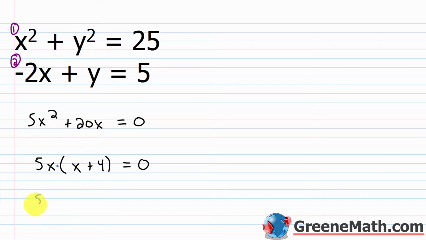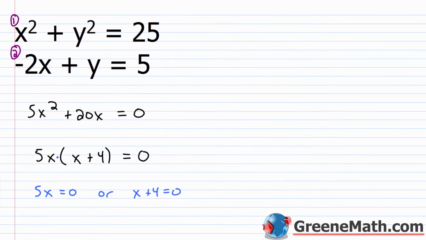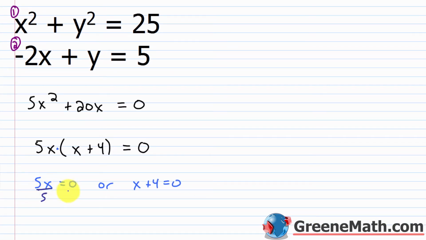So I could say 5x equals 0, or the quantity x plus 4 equals 0. If I solve this, I divide both sides by 5, and I get x equals 0 over here. If I solve this, I subtract 4 away from each side, and I get x equals negative 4 over here.